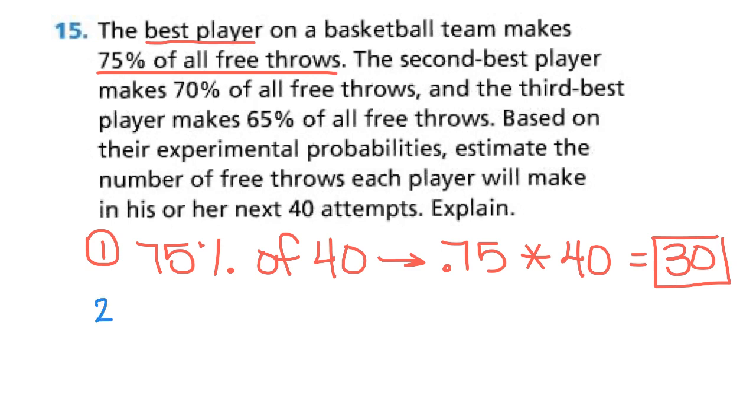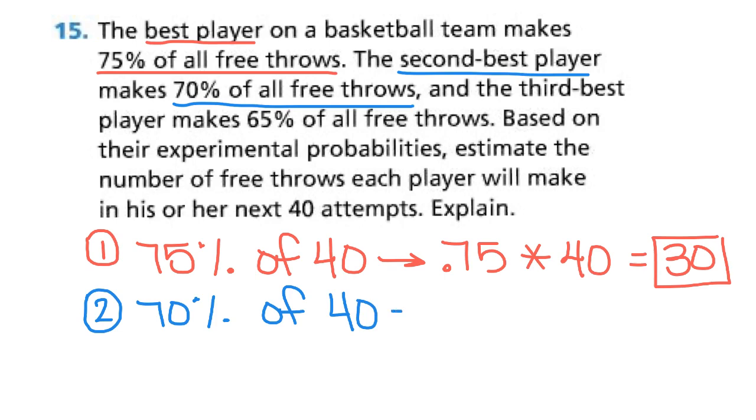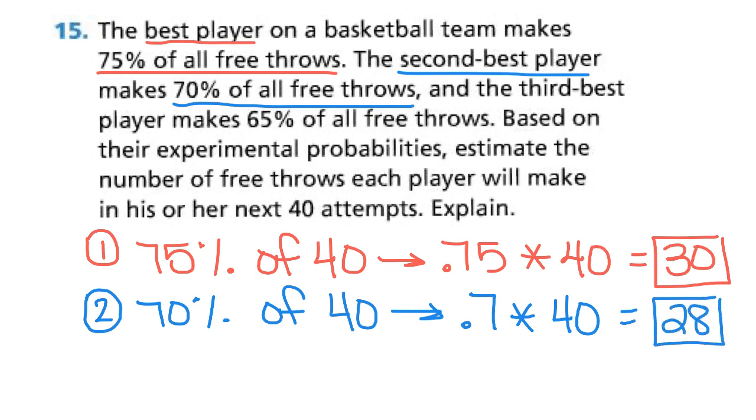Let's do the same thing for our second and third best players. Our second best player makes 70% of free throws. So if he's going to make 70% of his next 40, change our percent to a decimal, being 0.7, of is multiply to 40, and we find that 0.7 times 40 is 28. We should expect the second best player to make 28 of the 40 free throws.